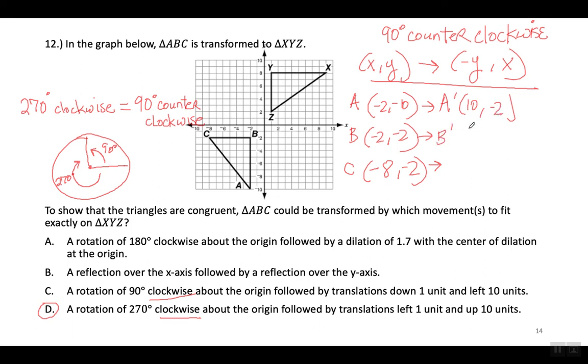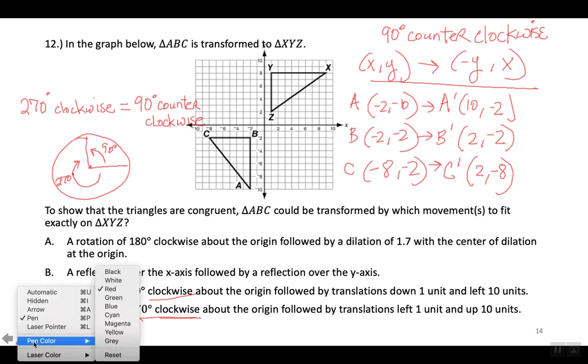For B prime, the Y you put in the front and change to its opposite sign, and the X in the back. C prime, the Y you put in the front and change to its opposite sign, and the X you leave in the back. So that was the first transformation, a rotation of 270 degrees clockwise, which is the same as 90 degrees counterclockwise.